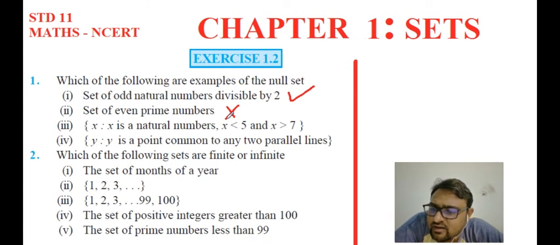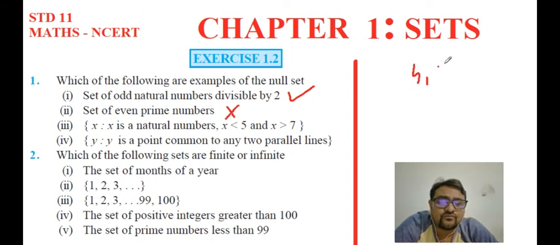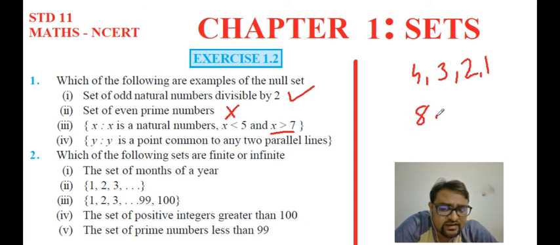The third one: x such that x is a natural number, x less than 5 and x greater than 7. If I take less than 5, the numbers are 4, 3, 2, 1. But there is also another condition, that x is greater than 7. If I take x greater than 7, then it will be 8, 9, 10, because it's a natural number.